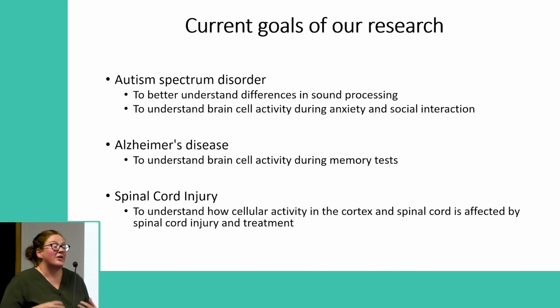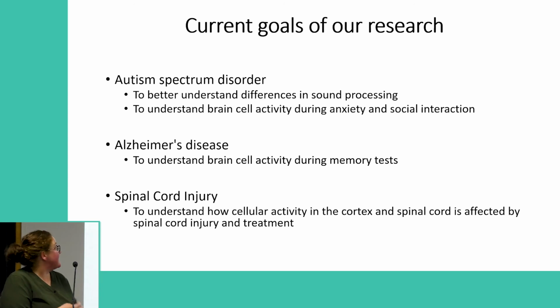So just to go over what I've told you about the projects that are going on in the lab right now, we are trying to understand better what's going on in autism spectrum disorder. So we're trying to understand differences in sound processing in the cortex. And we're also using Miniscopes to really examine brain cell activity during active behaviour and social interaction.